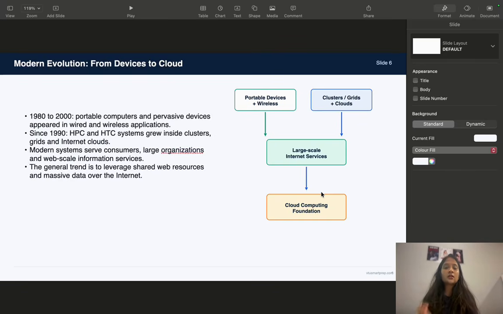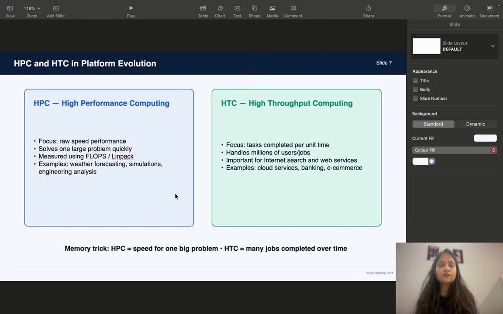Then HPC and HTC systems became popular, and once popular, they were used inside clusters, grids, internet clouds, and large data centers. You can remember this flow so that it is easy for you to remember. That is what I explained just now.